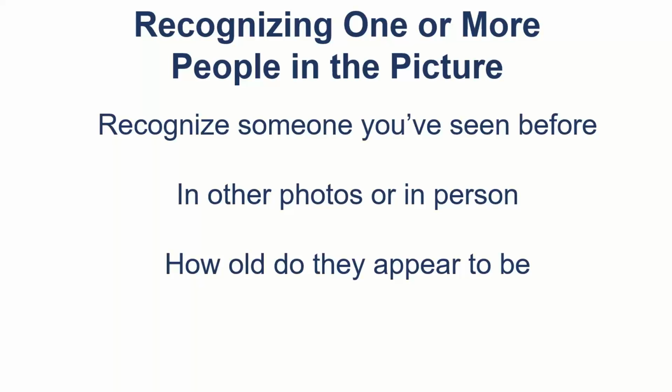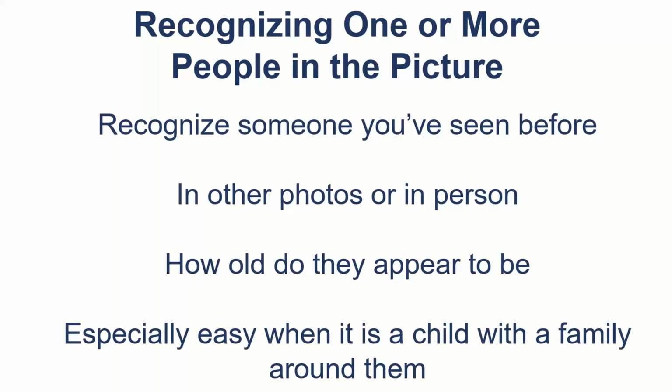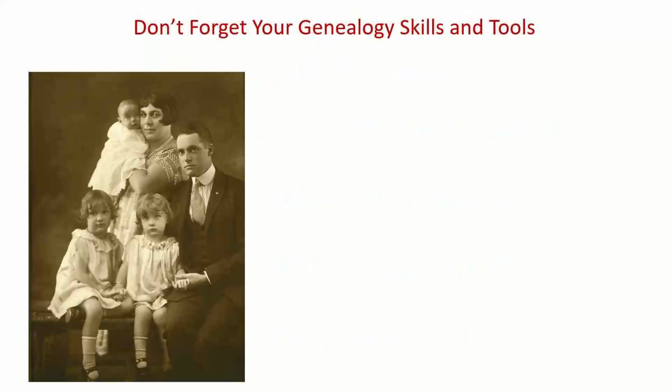It's especially easy if there's a child with family around them. If you recognize who that child is, you can guess ages pretty well and figure that out. One thing, don't forget, you're all genealogists. You have some skills. You're good at this stuff.